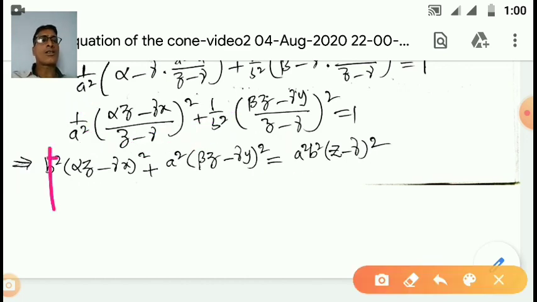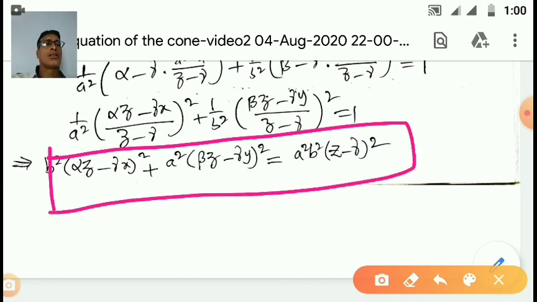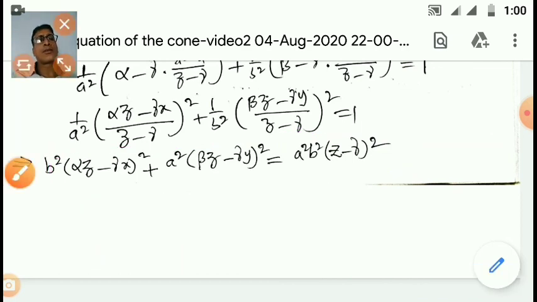This is the equation of the cone which we have to find in this problem. This is the solution of the problem.